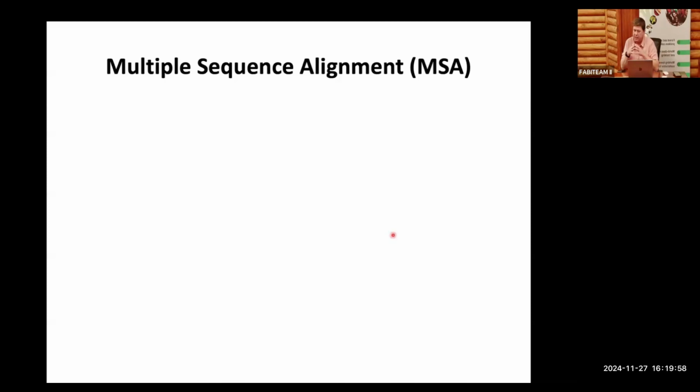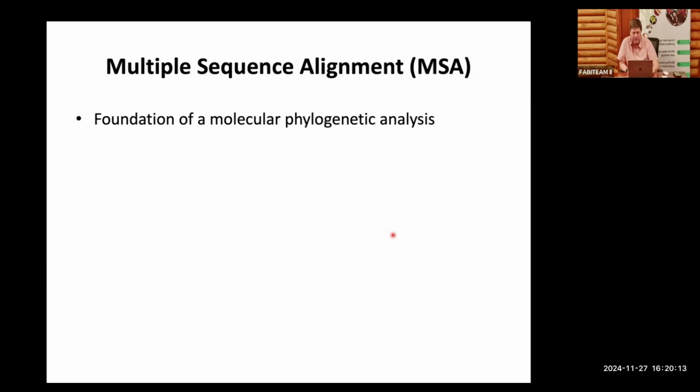If you just Google it, you will find it. Every chapter deals with a part or concept in phylogenetics, and after the theory there is a practical session in the textbook. Multiple sequence alignment is the foundation of a molecular phylogenetic analysis.